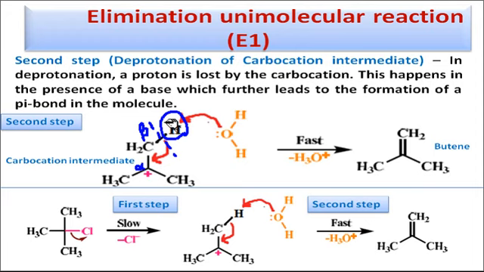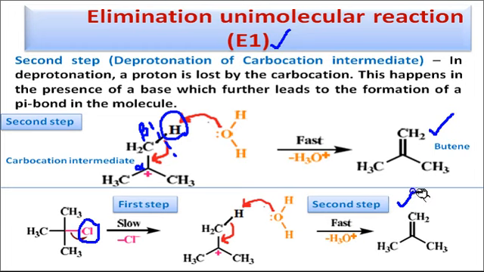So when the hydrogen is removed as H plus, the bond between the alpha and beta carbon atom is formed, resulting in the formation of the unsaturated hydrocarbon. So the E1 mechanism is the reaction mechanism of elimination in which the reaction is carried out in two steps. In the first step, formation of the carbocation takes place, in which the leaving group from the substrate molecule is eliminated and the carbocation is formed.